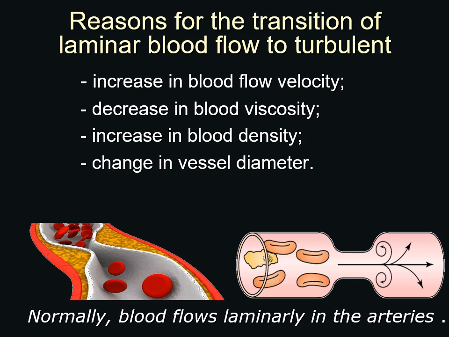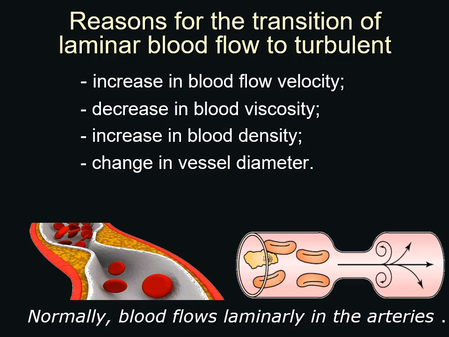The second reason is a decrease in blood viscosity, which is observed in anemia. For example, the number of red blood cells decreases, the viscosity decreases, and then the transition of the laminar flow into a turbulent one is more likely.